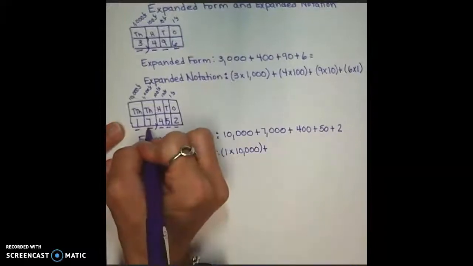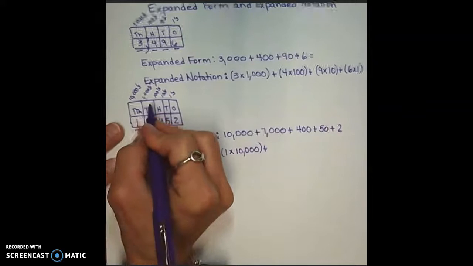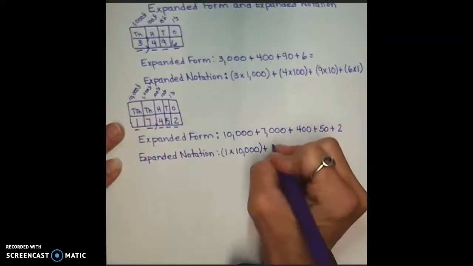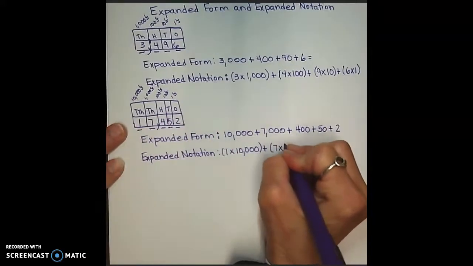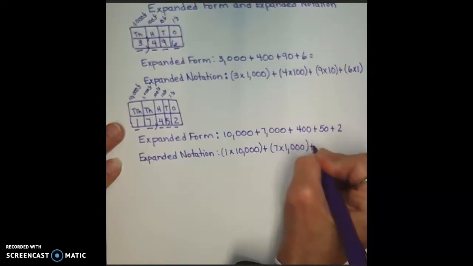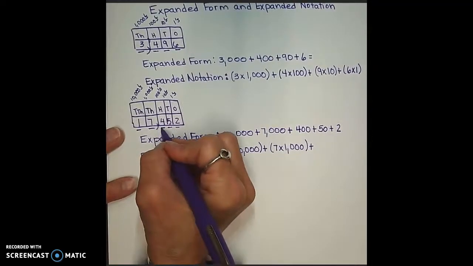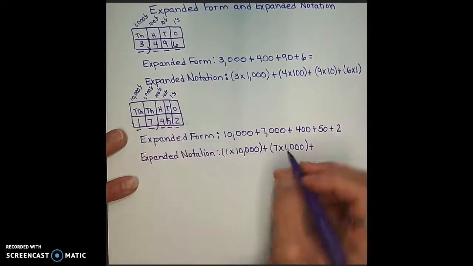Then I move to my thousands place. I have 7 groups of 1,000. Put my parentheses and my plus sign. Then I move to my hundreds place. I have 4 groups of 100.